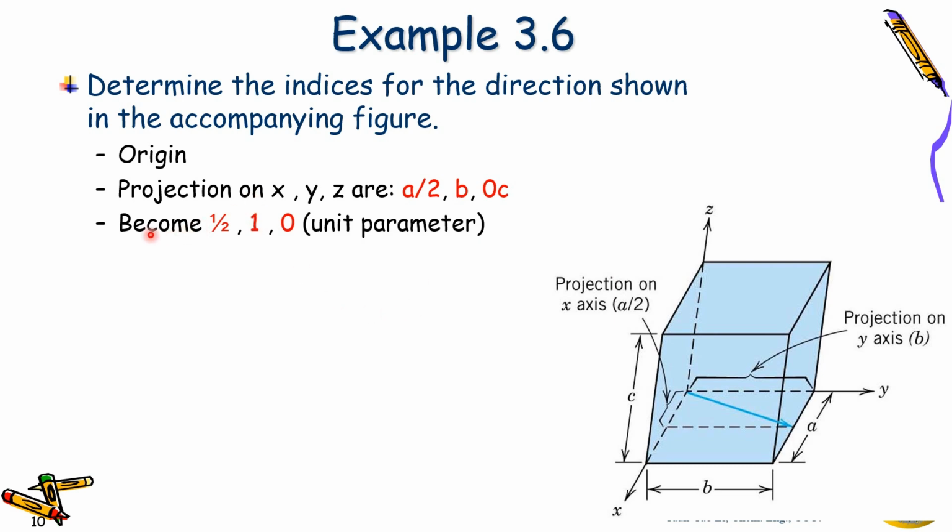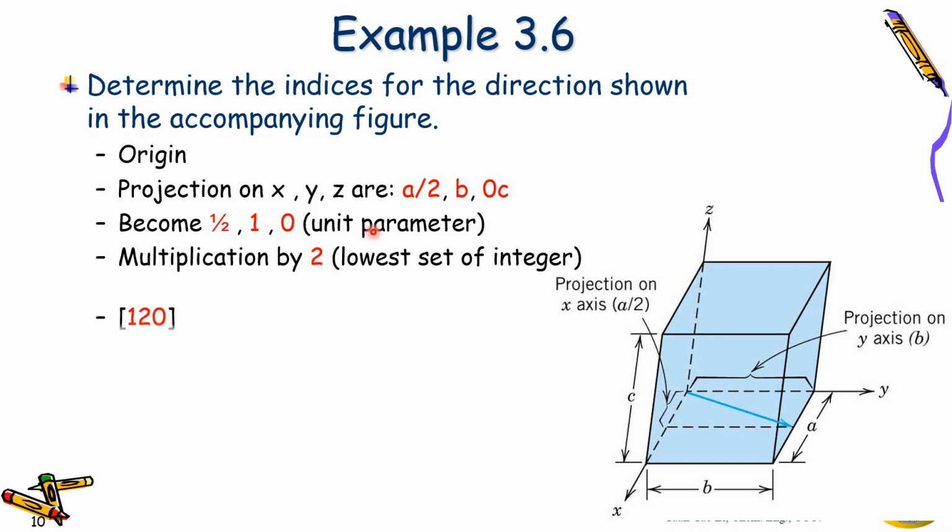So you take a, b, c out, and you have half, 1, and 0. Then you should make them the smallest integers, so you multiply by 2. Half times 2 becomes 1, 1 becomes 2, and 0 stays 0. So you will get this.